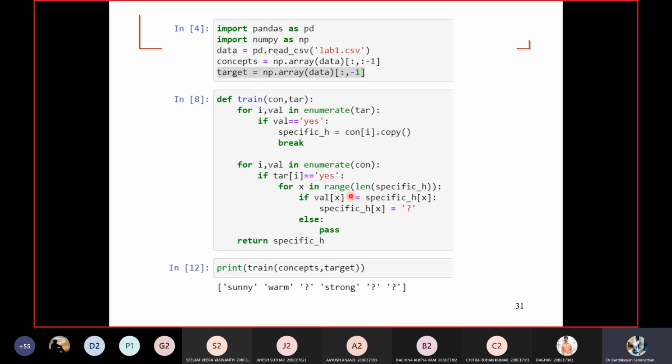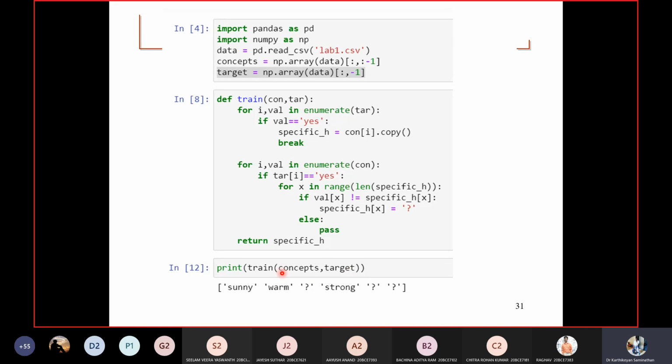If they do not match, then I am replacing with a question mark. Else, meaning if both match, I just pass and the loop goes to the next one. So that is the simple logic. Then I am trying to print the specific hypothesis h, train of concept comma target. So I am training the model, loading concept and target as parameters to the training model.